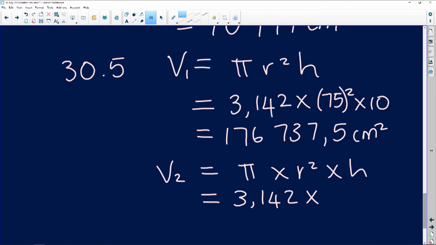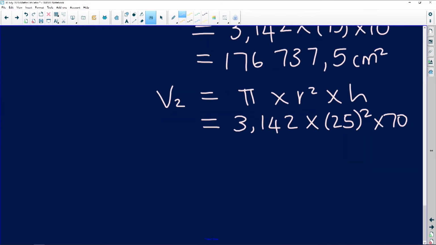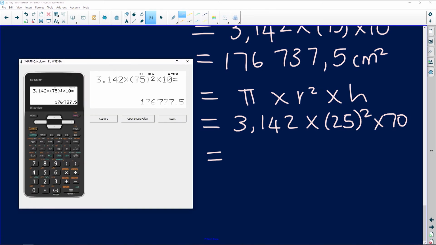3.142 times, we know that the radius in this particular case is 25 squared and the thickness is 70 because that is the height. Let's plug that into our calculator. Also still expecting quite a big number because we are working with volume and we are working with centimeters. It wouldn't be as big if we were working with a bigger unit.